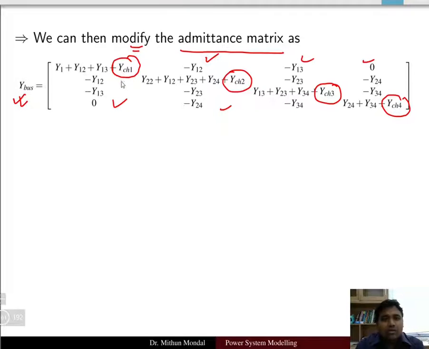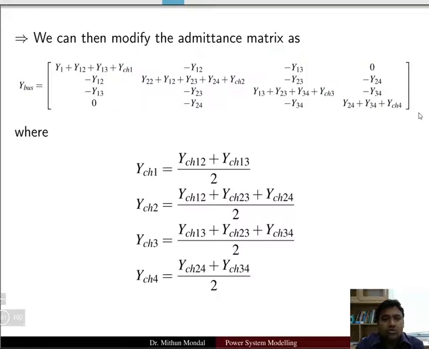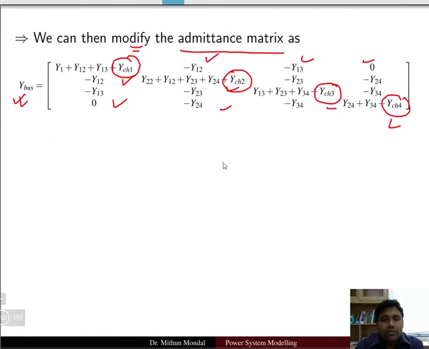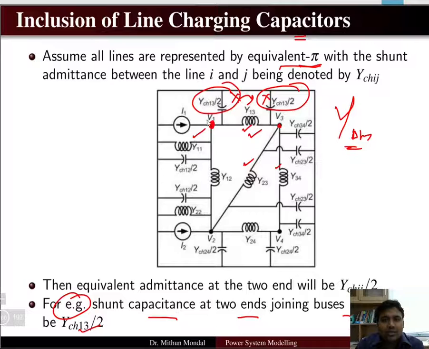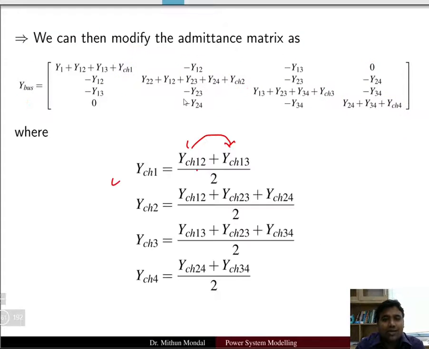So what are the values of YCH1, YCH2, YCH3 and YCH4? YCH1 will be the sum of the capacitor admittances connected to node 1, that is YCH12 plus YCH13, divided by 2, because at node 1 we have two capacitors connected: one is 1-2 and another is 1-3.